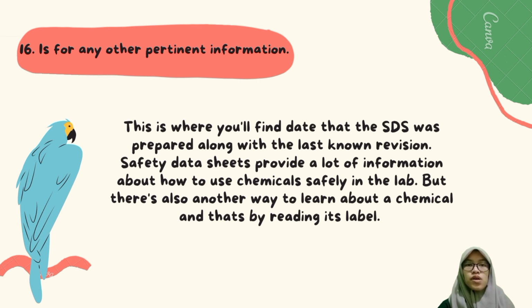This is where you will find when the SDS was prepared, along with the last known revision. Safety datasheets provide a lot of information about how to use chemicals safely in the lab. But there is also another way to learn about a chemical, and that's by reading its label.